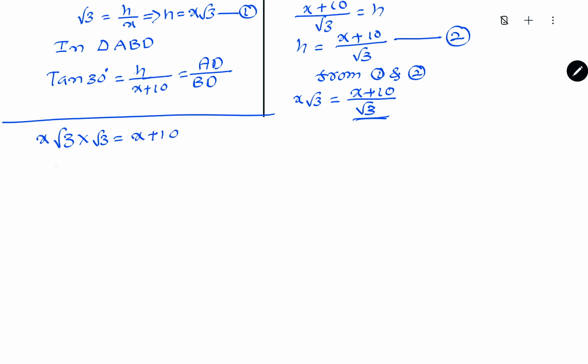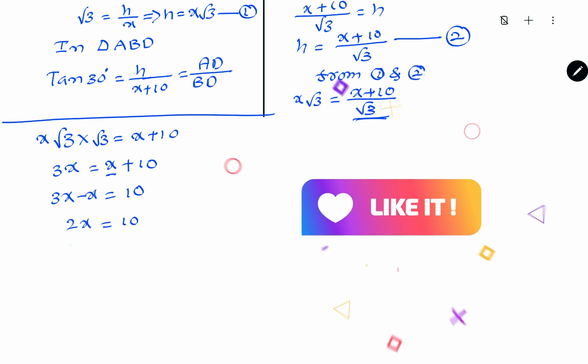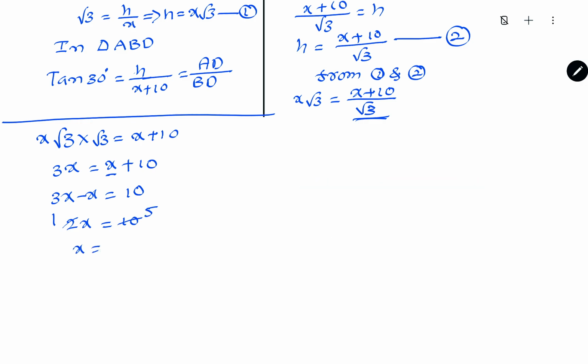Root 3 into root 3 is 3, so 3x is equal to x plus 10. Transpose x from RHS to LHS. Then 3x minus x is equal to 10. 3x minus x, 2x is equal to 10. Here 2 ones are 2, 2 fives are 10. Then we get x is equal to 5. This is x value.